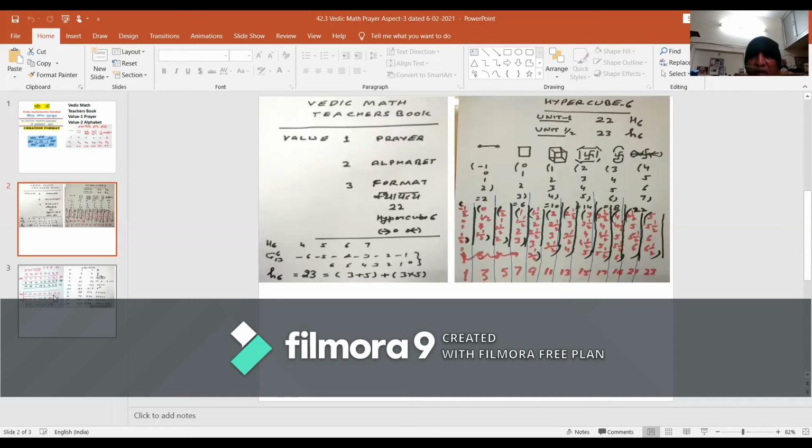Now let us see the second generic series is of unit half. The first member of this series is hypercube 1 over 2, and it is a fourfold manifestation layer minus half, 0, 1, and 1 over 2. Summation value is 1.